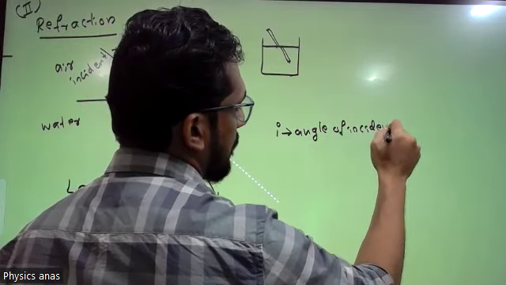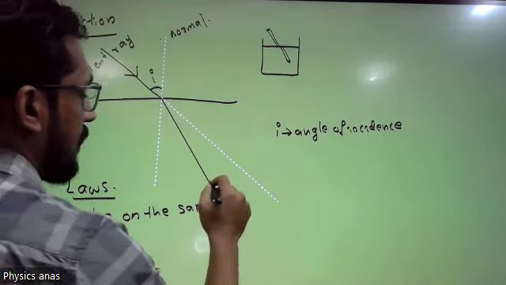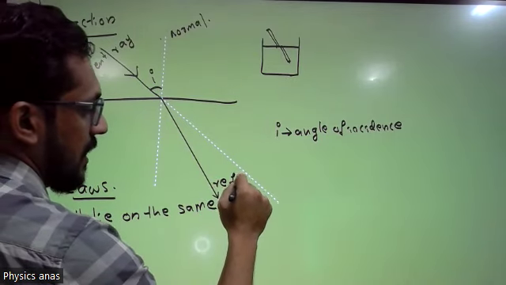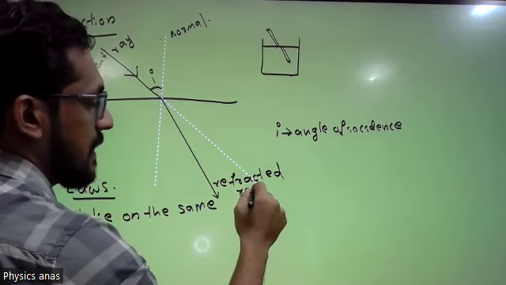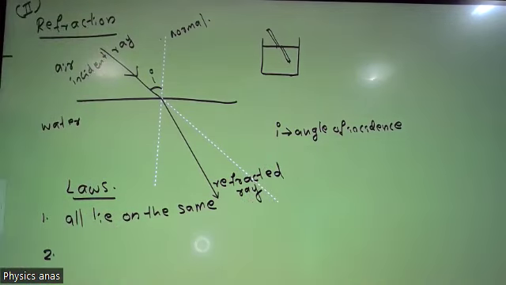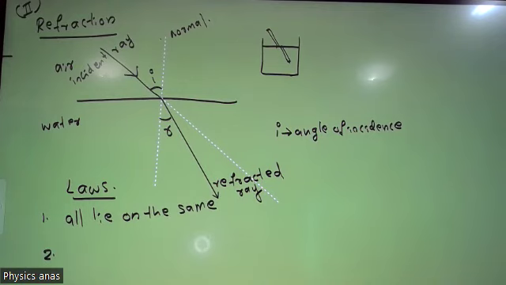I is the angle between the incident ray and normal. And there is a refracted ray. This is the refracted ray, and this line is the normal. That means there will be another angle, the angle of refraction.